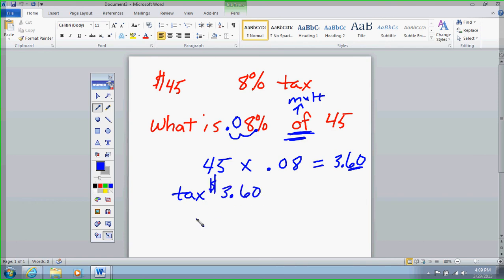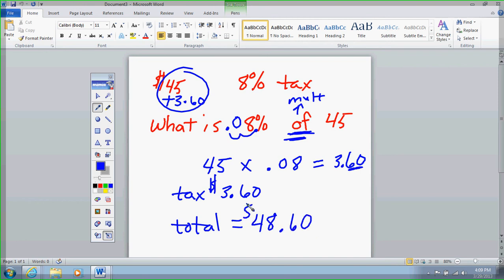But my total price is going to be the $45 plus the $3.60. And so when you plug that in your calculator you get $48.60. And that is how you work a tax or a tip problem.